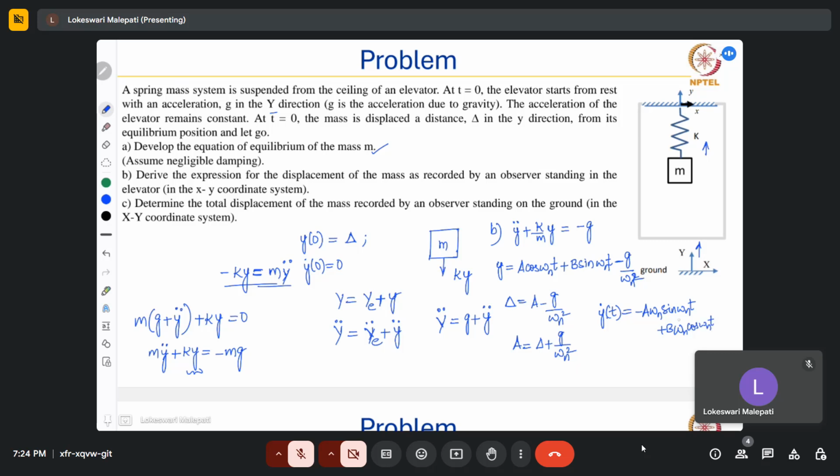Here we'll get b as 0. So we just have the displacement of the mass m in this frame of reference. We are going to get y of t is equal to delta plus g by omega n square, times cos omega n t, minus g by omega n square. This is for part B.